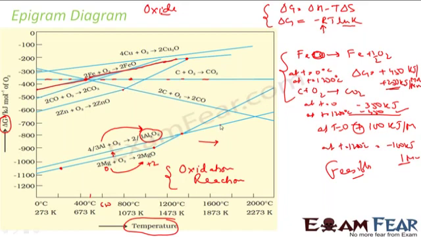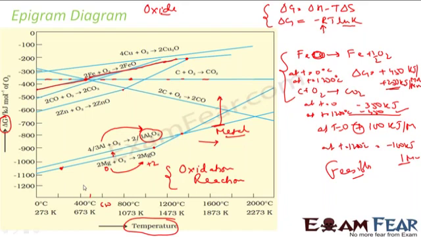You take a point, anything which is above this, so this particular metal should be able to reduce oxides of these metals. So here, for example, at this temperature, my magnesium will be able to reduce oxides of any of these metals. So lower the element in this diagram, the greater is the stability.